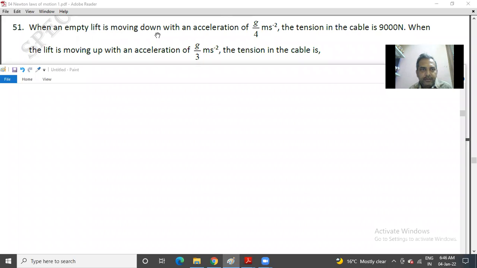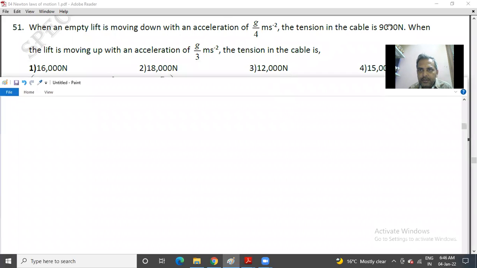When an empty lift is moving down with an acceleration g by 4, the tension in the cable is 9,000 newtons. When the lift is moving up with an acceleration g by 3, we need to find out the tension in the cable. Okay, so while moving down, tension is also equal to apparent weight.